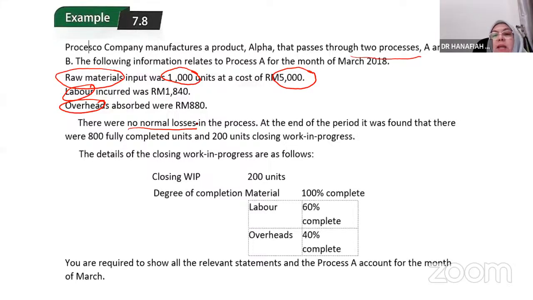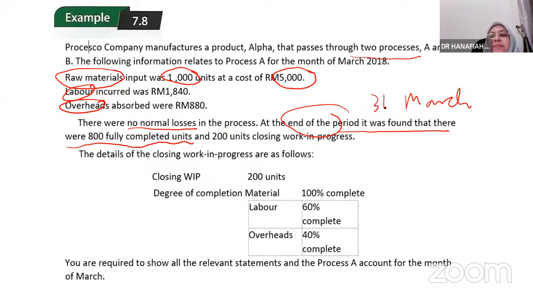At the end of the period, 31st March, it was found that there were 800 fully completed units. Only 800 were completed at the end of the month.